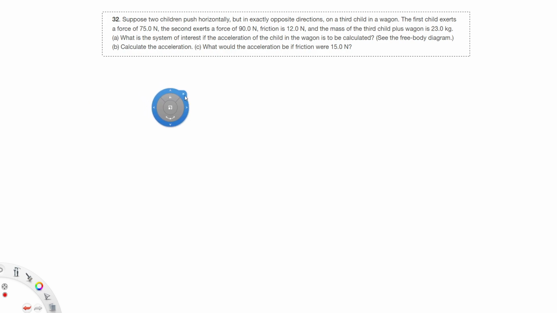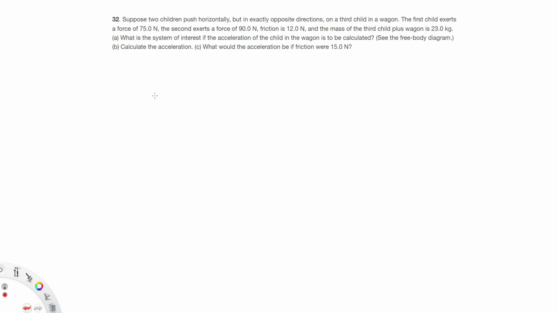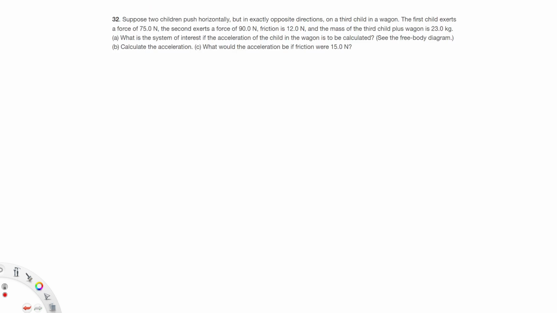So we have a few things to talk about here. First of all, when we have friction in play, what direction does a frictional force push? Anyone want to make a guess?